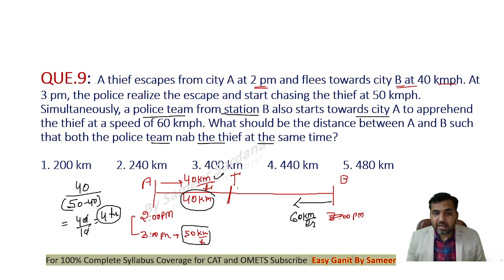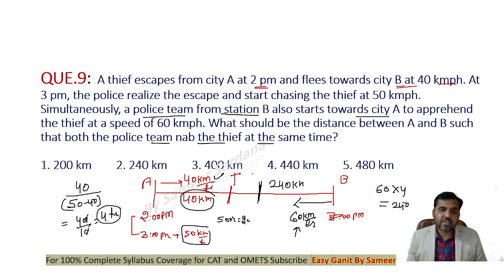Both the police are catching the thief at the same time. So in 4 hours, the police coming from B must have traveled a distance of 240 km. And by that time, the police coming from A would have traveled 50 into 4, that is 200 kilometers.